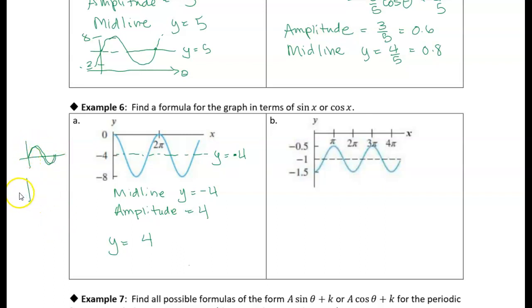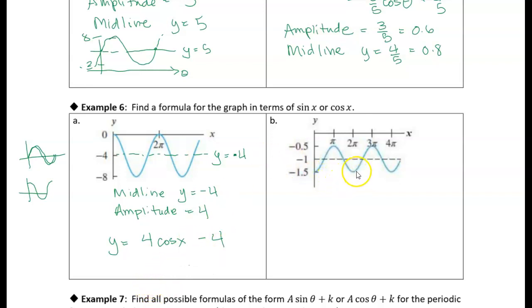Now cosine starts and stops at the peak, right? So this looks more like a cosine function. So this is just a cosine function that is vertically stretched by a factor of 4, right? So it's cosine of x, and then it's shifted down by 4. So we have a k of -4. Okay, so that's our equation.